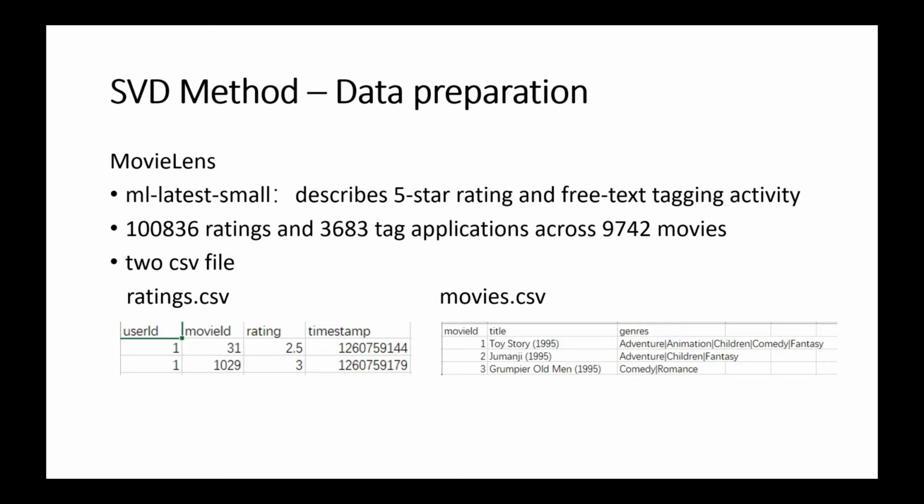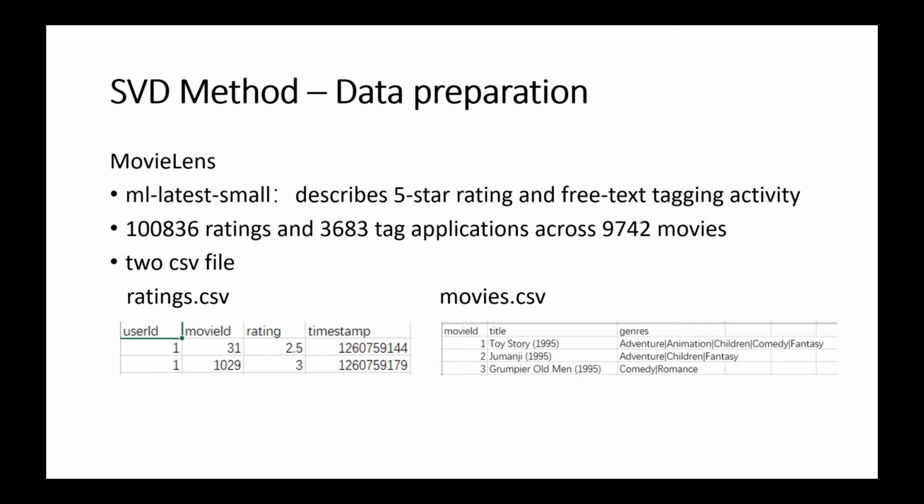As we mentioned before, the most common and simplest way to implement a recommendation system is the traditional SVD method, singular value decomposition. Let me introduce the data preparation first. We use the ML latest small dataset from MovieLens. It describes 5-star rating and free-text tagging activities.